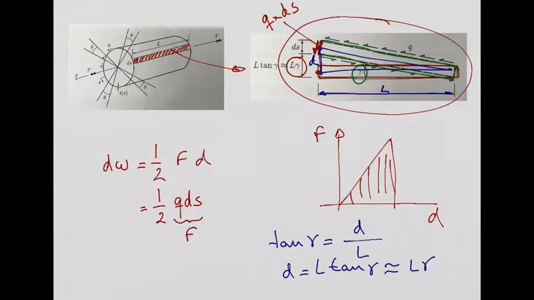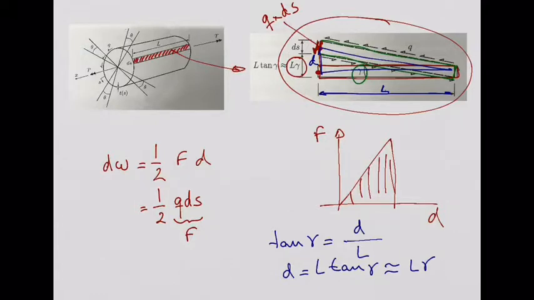In that case, this approximation is not very accurate. But if you think of a wing, we don't want this distortion angle to be too much, right? Otherwise, we are affecting the aerodynamic performance of the aircraft. So we are usually dealing with very small values of gamma, so tangent of gamma can be replaced by gamma, right?